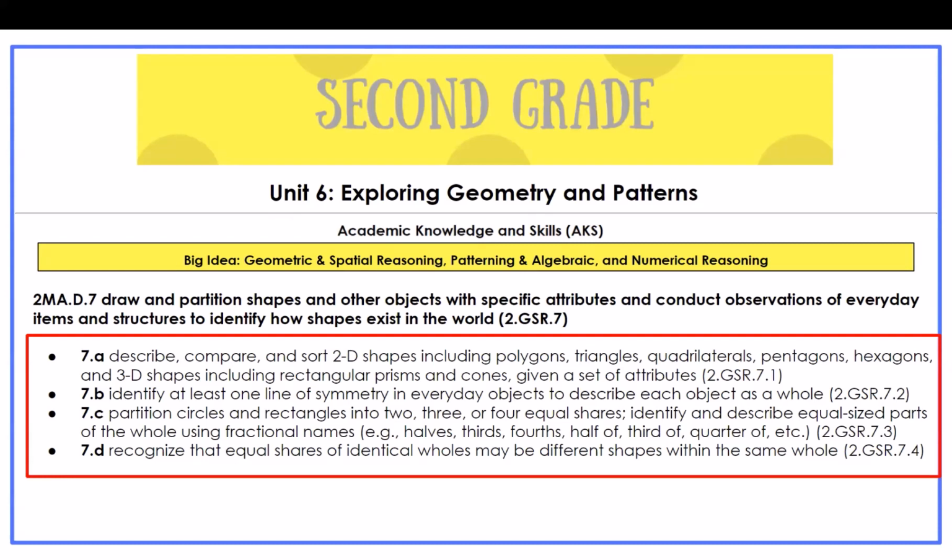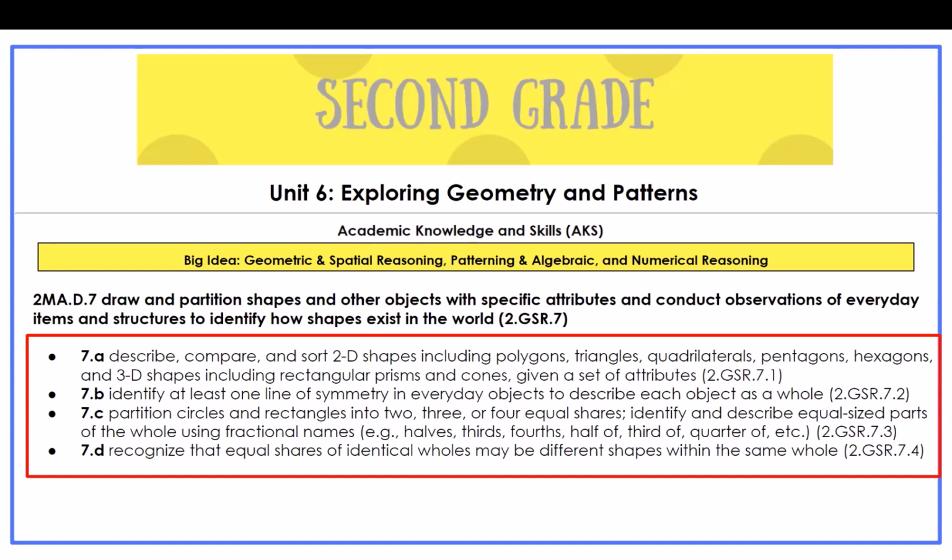Through IOA 7C, students will pick up from where they left off last year with partitioning. In Unit 6, students will partition shapes into 2, 3, or 4 equal shares. They will use the vocabulary of halves, thirds, and fourths to describe the equal shares created while exploring with manipulatives such as fraction squares, fraction circles, and paper folding.